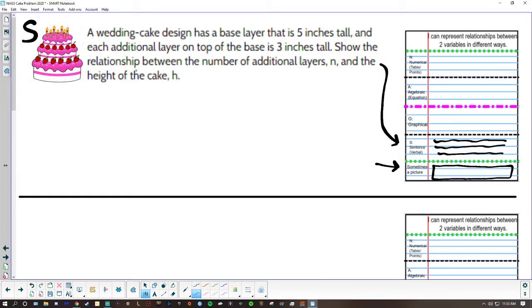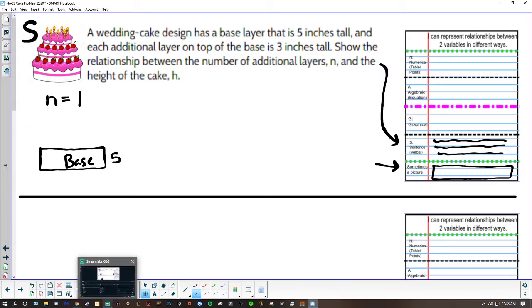So let's say our cake has 1 additional layer. If n represents additional layers, what would the picture for n equals 1 look like? Every cake is going to have a base layer that's 5 inches tall. So I'm going to draw my base layer. This is my base layer, and I know that this is 5 inches tall. n equals 1 additional layer because n is additional layers.